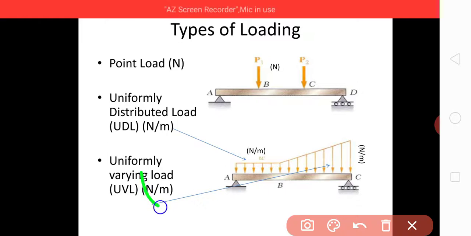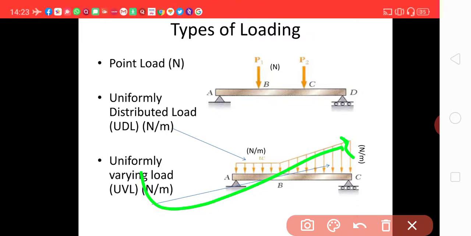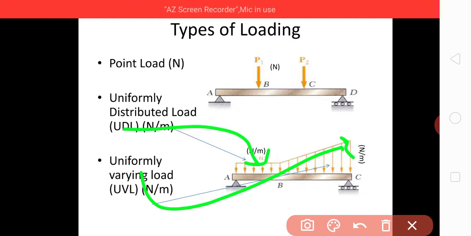This is called UVL, uniformly varying load, this is called UDL, uniformly distributed load, and this is called a point load.